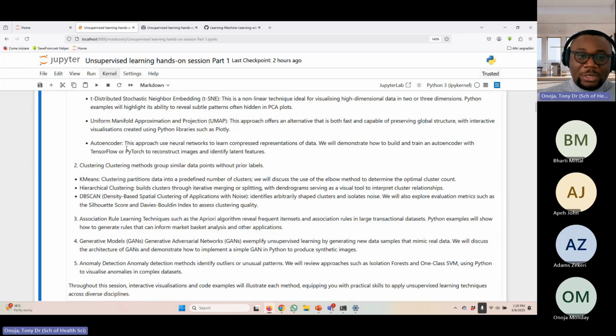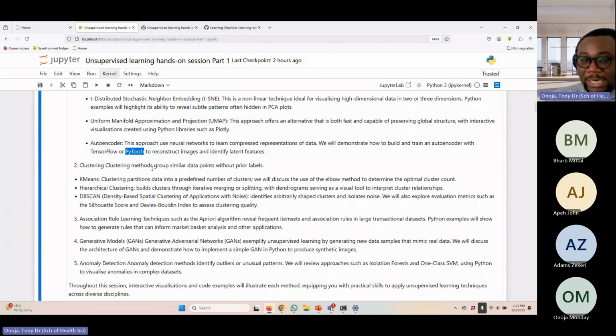Then we also talked about an example of the autoencoder, where we said this is a neural network approach that has to compress the representation of the data. And then we would look at how we could build this using TensorFlow or PyTorch. Another thing I want to emphasize here is that for deep neural networks, we use the framework of TensorFlow or PyTorch to build them.